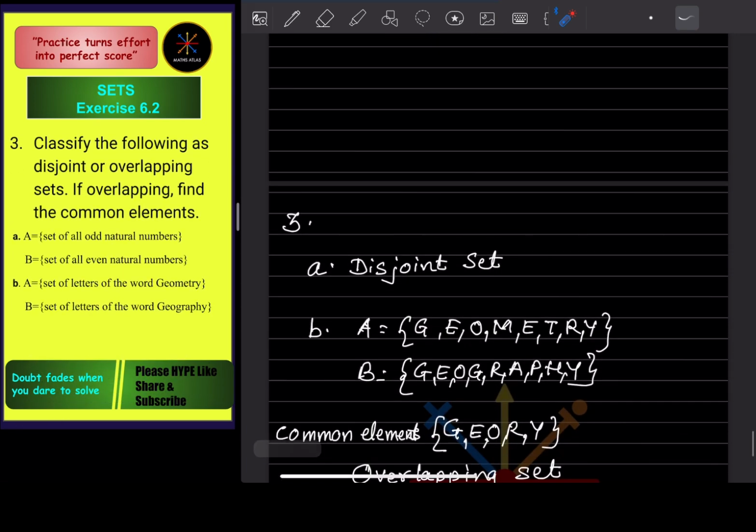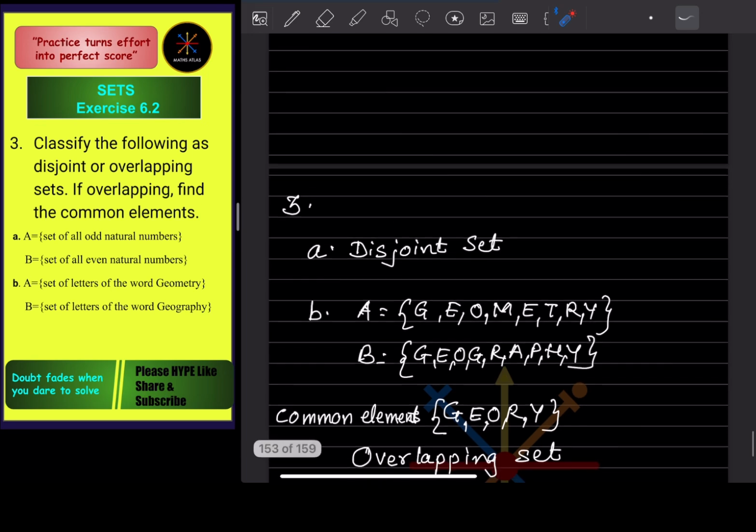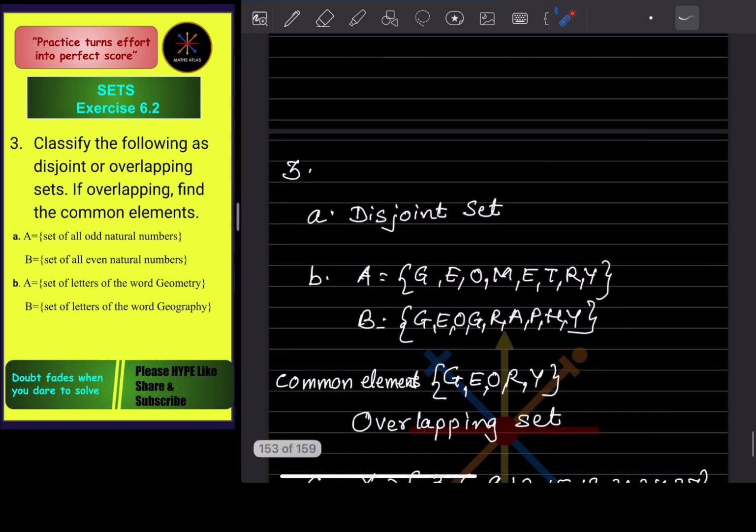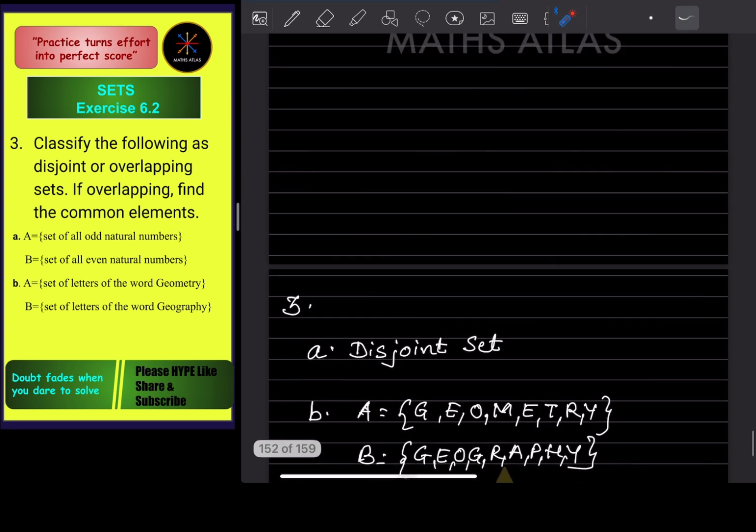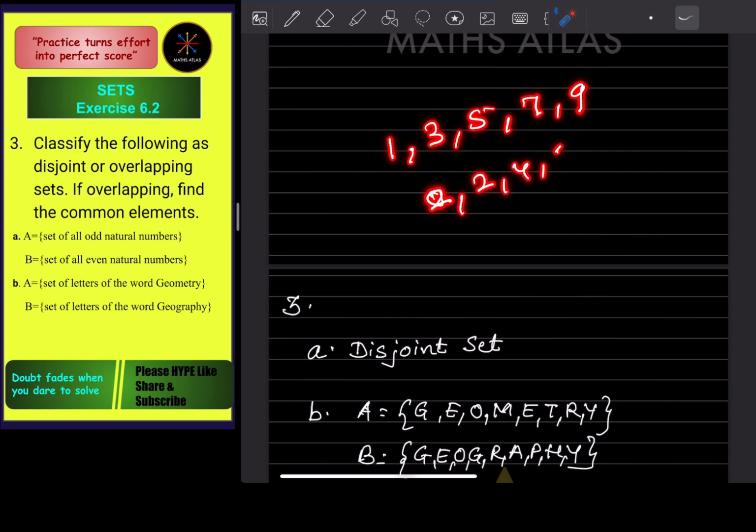Classify the following as disjoint or overlapping sets, and if overlapping, find the common elements. Now look at the A part. A is equal to set of all odd natural numbers, and B is equal to set of all even natural numbers. Odd numbers means 1, 3, 5, 7, 9, and so on, and even numbers means 2, 4, 6, 8, 10.